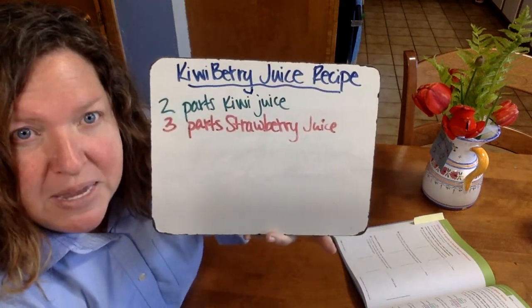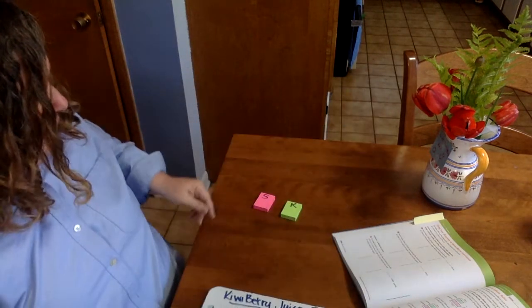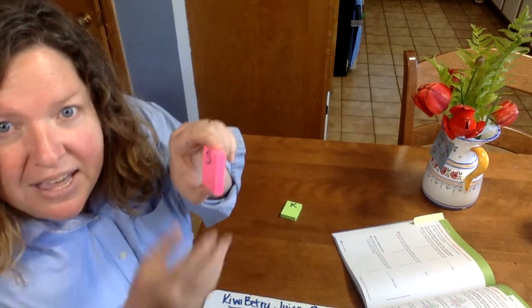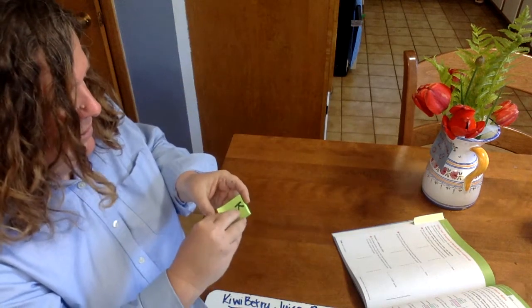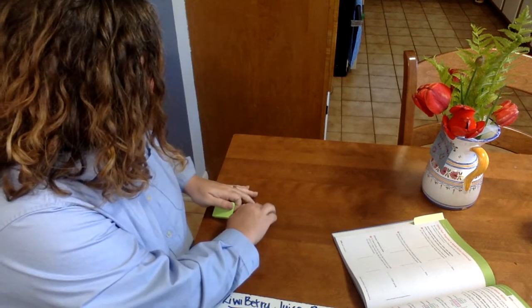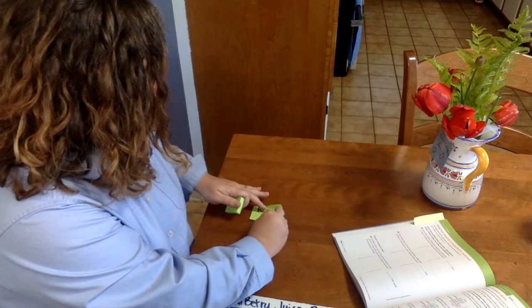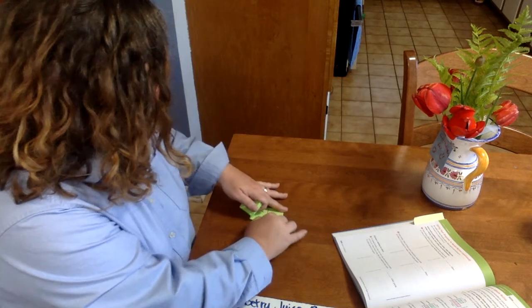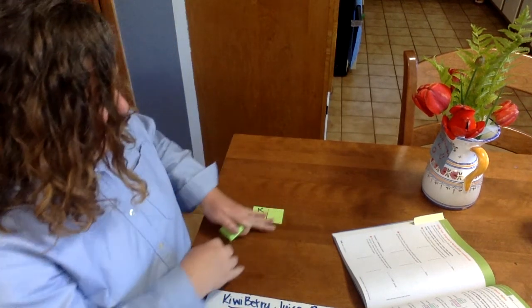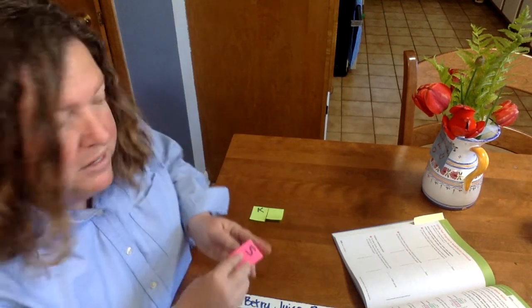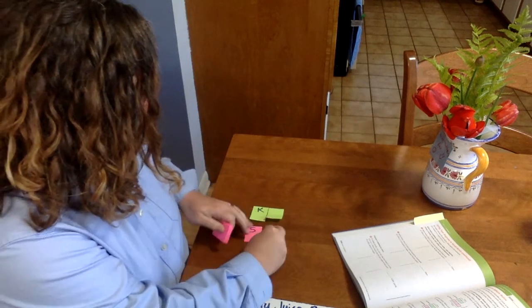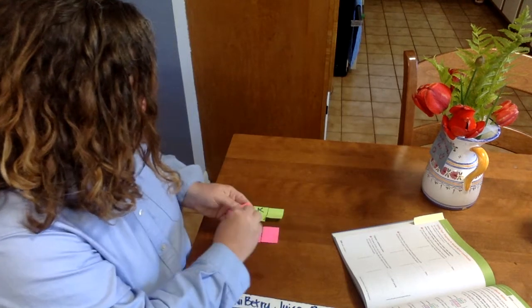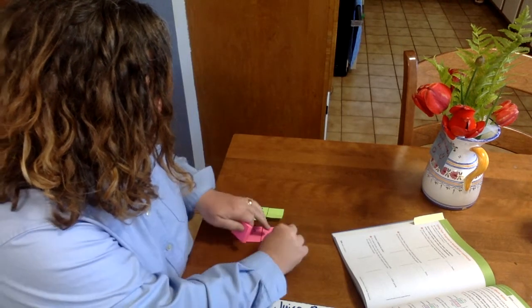Let's measure that with a tape diagram. So you see, I have our sticky notes, and I chose pink for strawberry and green for kiwi. So it tells us that we need 1, 2 sticky notes in our tape diagram compared to 1, 2, 3.